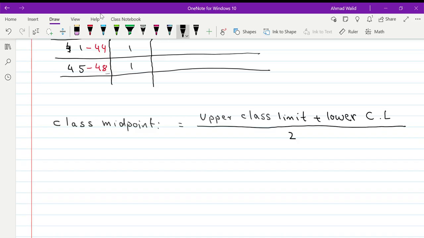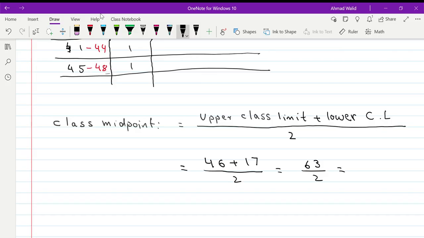Now, in our example, upper class limit was 46 plus lower class limit was 17. Divide by what? Divide by 2, which gives you 63 divided by 2, correct?